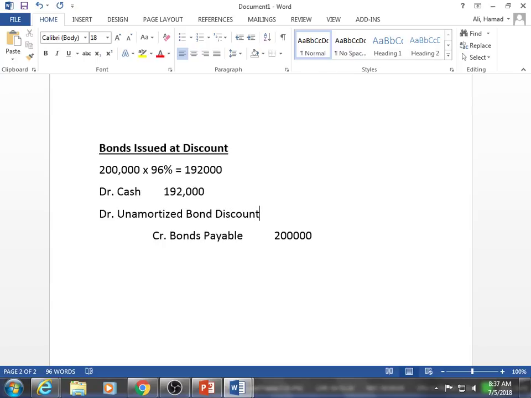And the reason we call it unamortized is because this is just the beginning of it. As of today, we have a total difference between the face value and the issue price of $8,000. That is treated as an expense, and it has to be paid. It has an effect on our interest expense. It's going to make our interest expense a little bit higher.